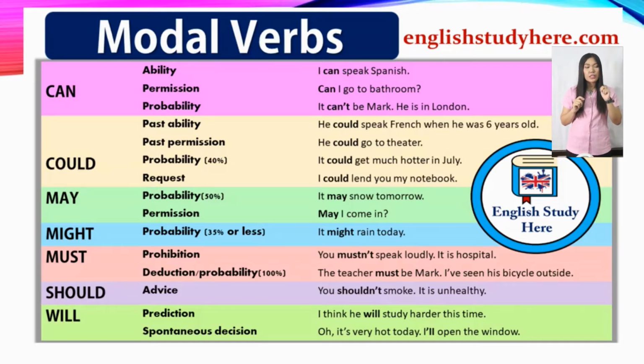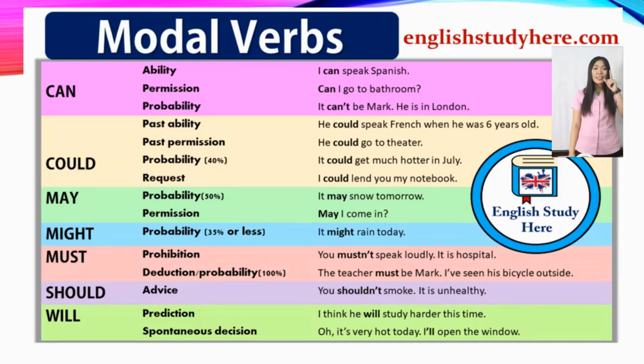It's a bit different with must, because must shows 100% of probability and may only shows 50%, just half of it. For example, it may rain tomorrow. That's 50%.